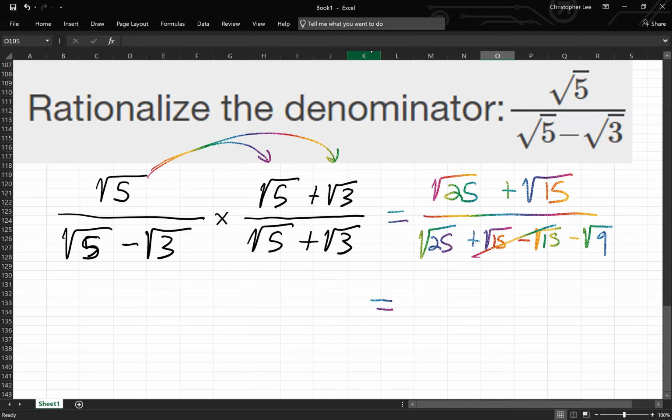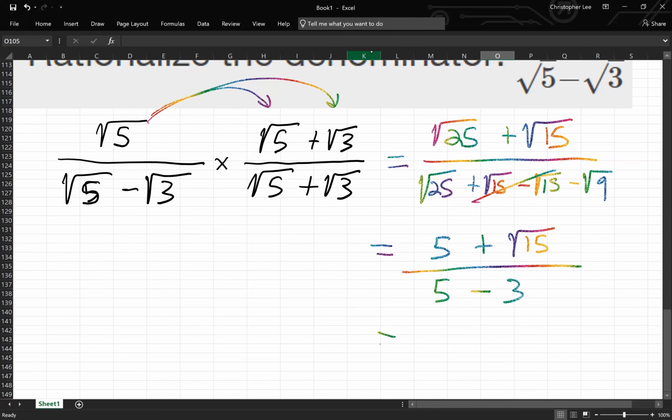So what's the square root of 25? 5 plus square root 15 over, what's the square root of 25 again? 5 minus, what's the square root of 9 again? 3. And what's 5 minus 3? 2. So this is 5 plus square root 15 over 2. And that's my answer.